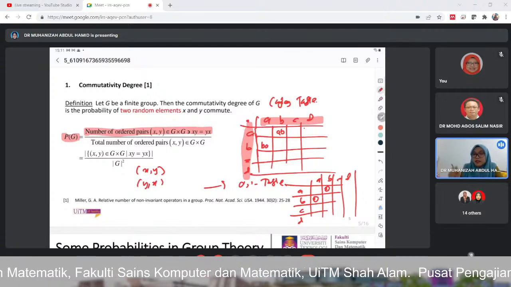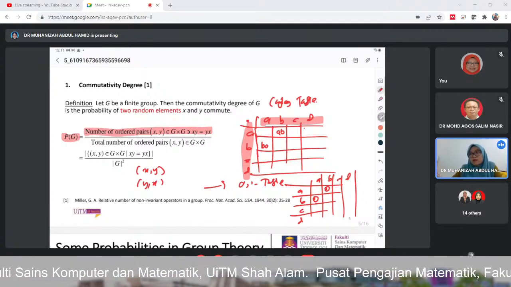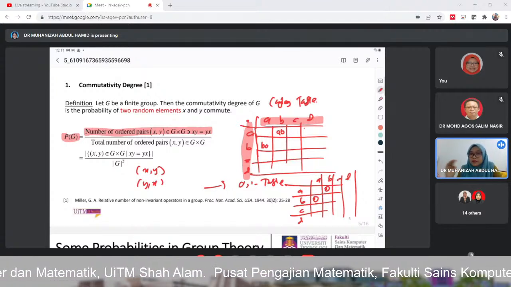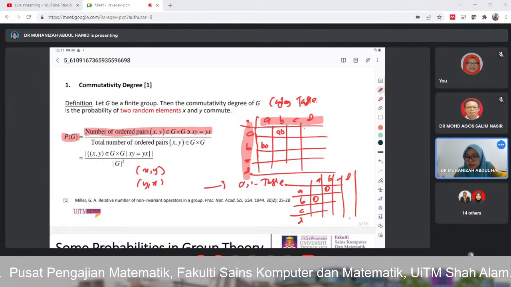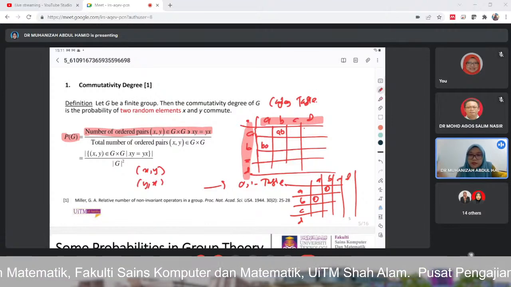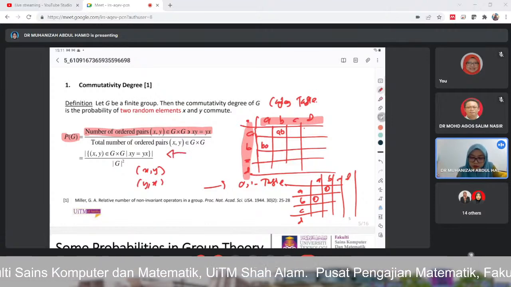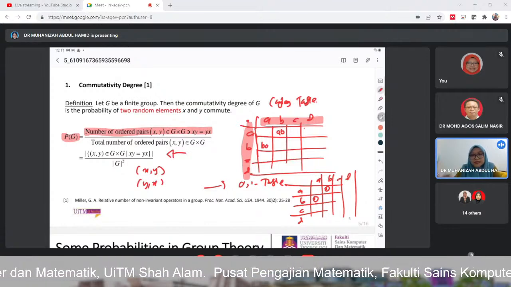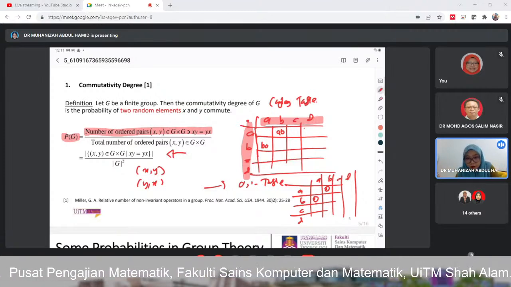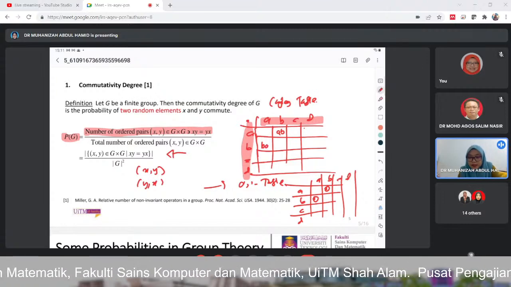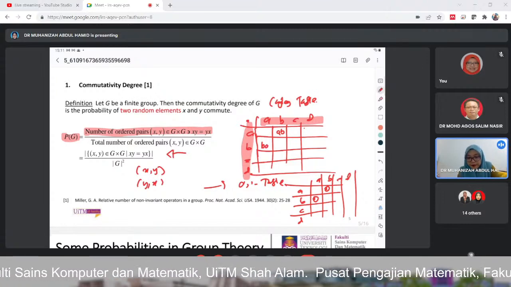Then you just calculate how many 1s we have in these boxes, and substitute into this formula, dividing by the total number of ordered pairs. For this case, we have order 4, so we have 16 total ordered pairs.